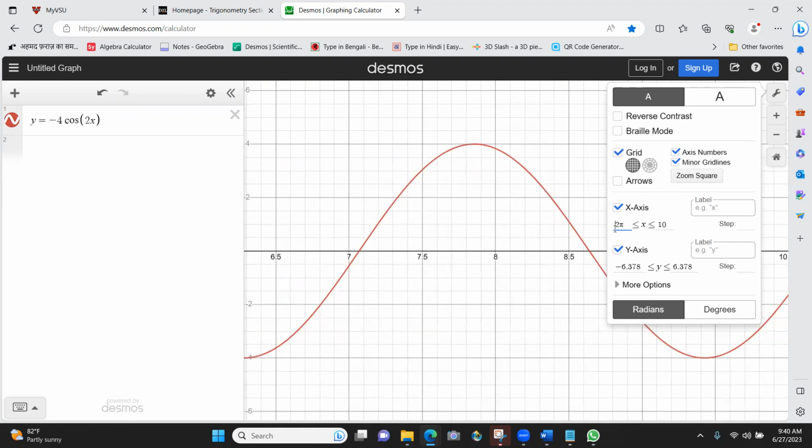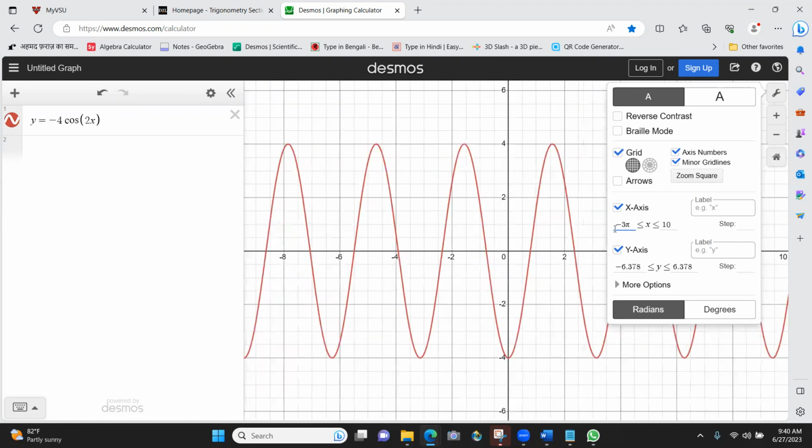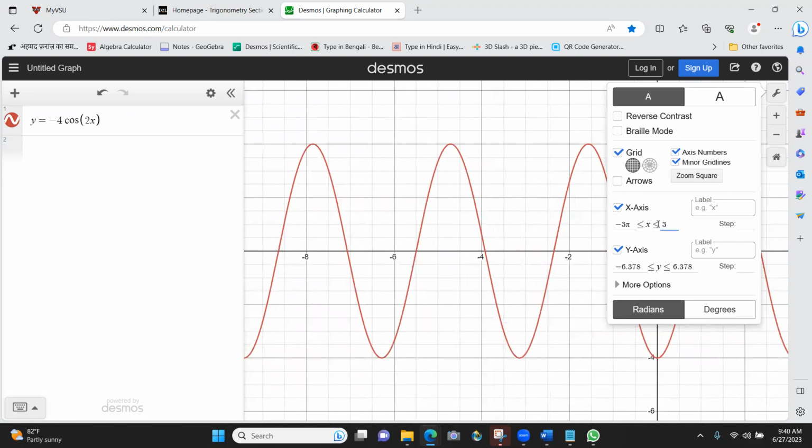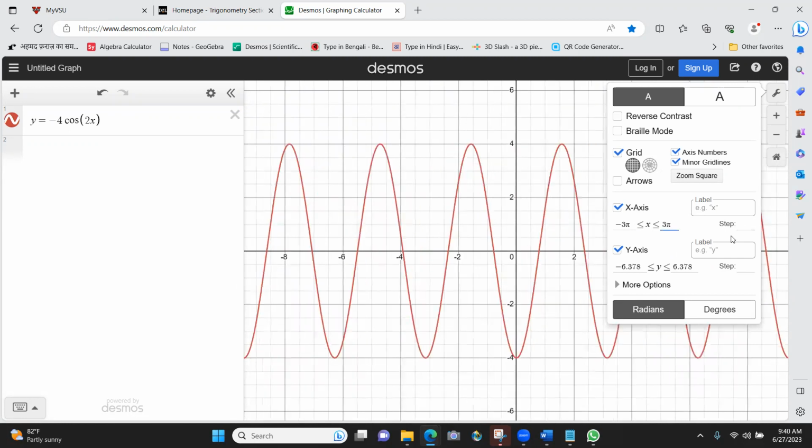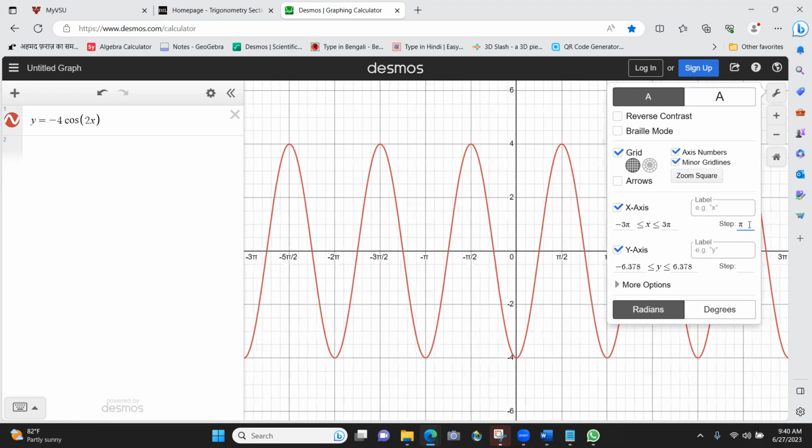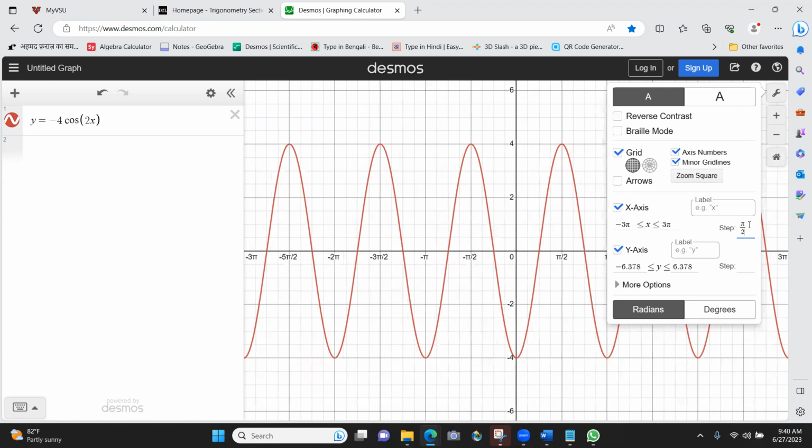Oh, let's make it -3 pi. It really doesn't matter too much. You can play around and see what things look like. Now, this is important, guys. Under step, you do want to enter pi over 2. How do you enter pi over 2? Okay, that's what you want.